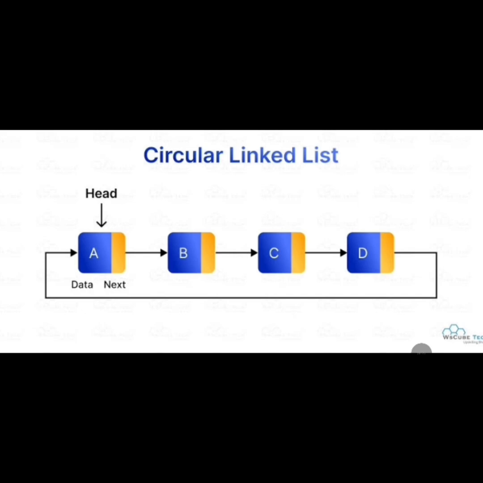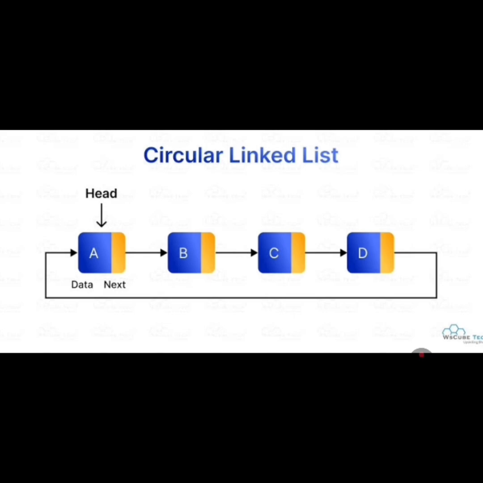This is the structure of circular linked list. Here A, B, C, D are 4 different nodes, and A's next part is pointing towards B's data part. It looks like the singly linked list, as it contains only one pointer.